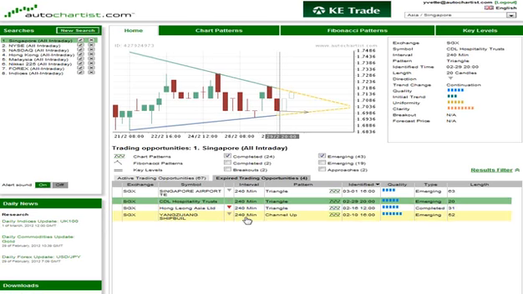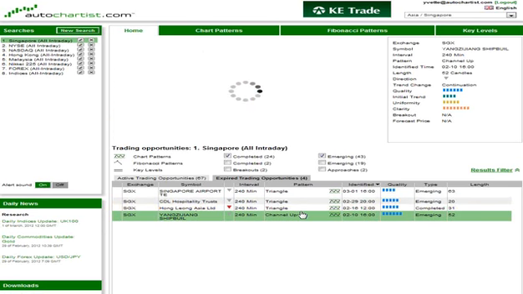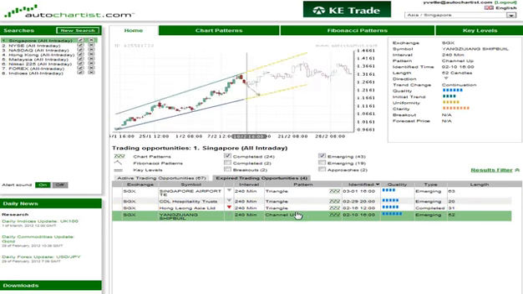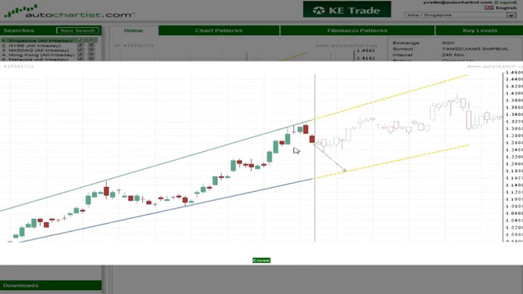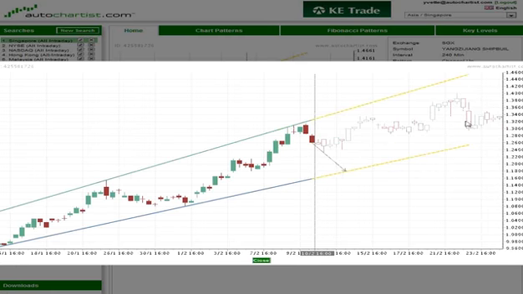Let's look at this last one, what happened here to this emerging pattern. Very interesting. For this emerging pattern, price did stay inside the range for quite a long time. And I think what expired this pattern was simply the duration or the passage of time.